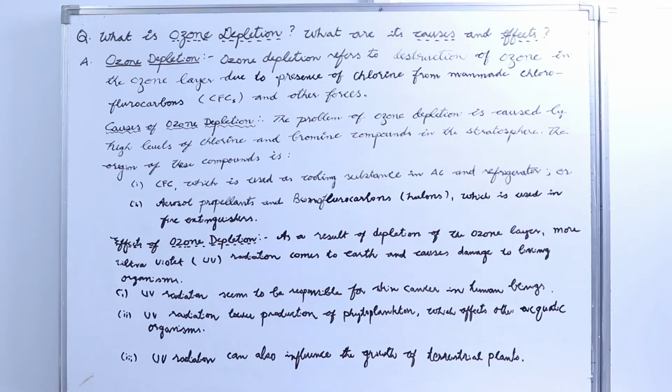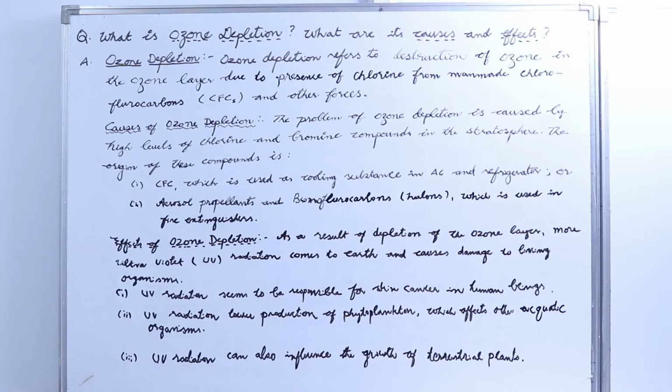So we repeat once again, what is ozone depletion? What are its causes and effects? Ozone depletion refers to destruction of ozone in the ozone layer due to presence of chlorine and man-made chlorofluorocarbons, CFCs, and other forces. Causes of ozone depletion.